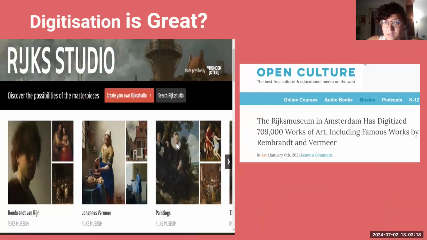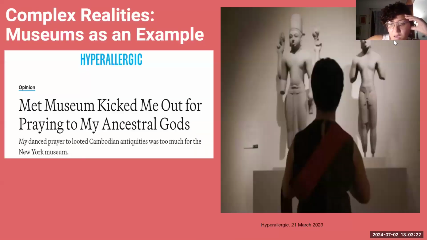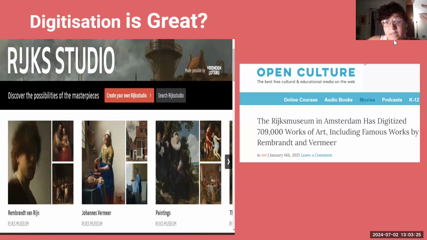As probably all of you know, museums and lots of heritage sites have been making a lot of efforts around digitization and making their work accessible.